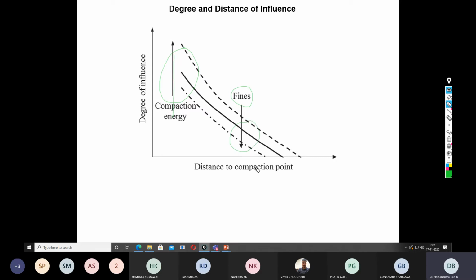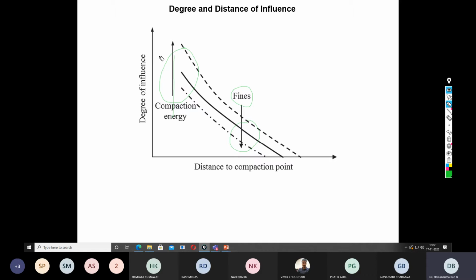Because we did discuss in the previous class, the clay particles absorb the energy. So when they absorb the energy, there is no transmission of energy in the lateral direction. That's why the fines content affects the degree of influence in the lateral direction. So this graph talks about two things. If you increase the compaction energy, more and more width of the soil gets densified.